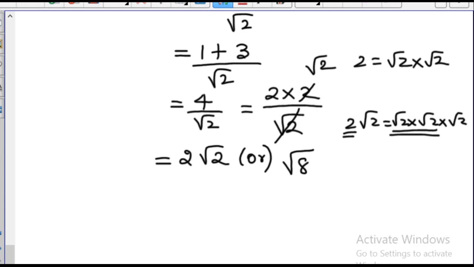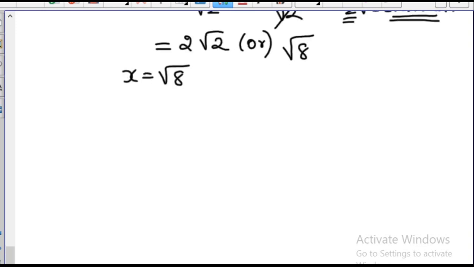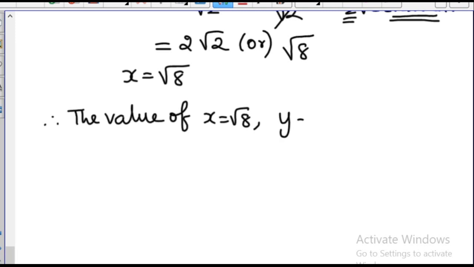Therefore, x is equal to root 8 and y is equal to root 3.